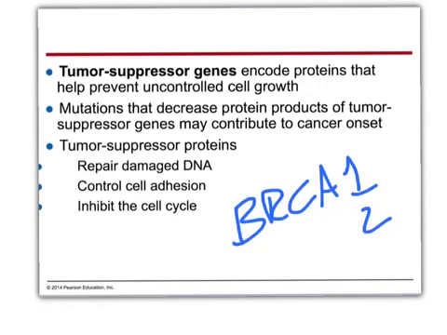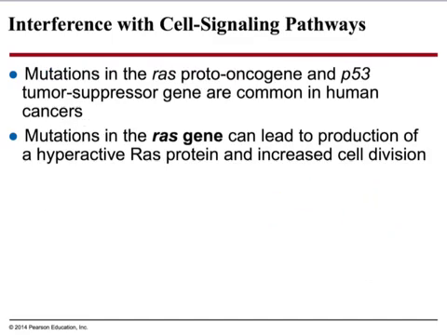Okay? So more than 50% of breast cancers have a disruption in one of these two genes. Pretty important, right? BRCA1 is a tumor suppressor gene. Okay? And it works to control cell growth at an inflection point. Okay?